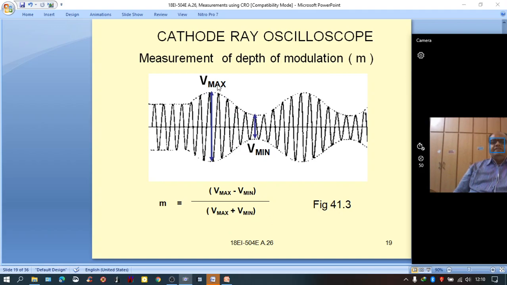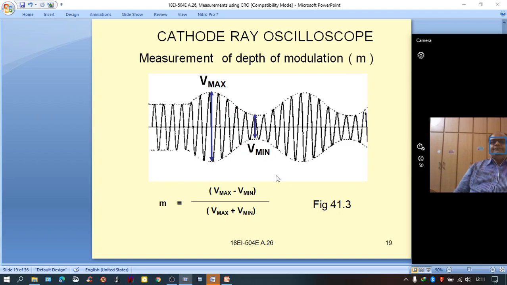So this is Vmax and here is Vmin. By using the graticule on the scale, we can find out first the number of divisions and what is the value for each division. Here also, number of divisions, what is the value for each division. So we can get the values of Vmax and Vmin. Vmax minus Vmin by Vmax plus Vmin gives the depth of modulation.